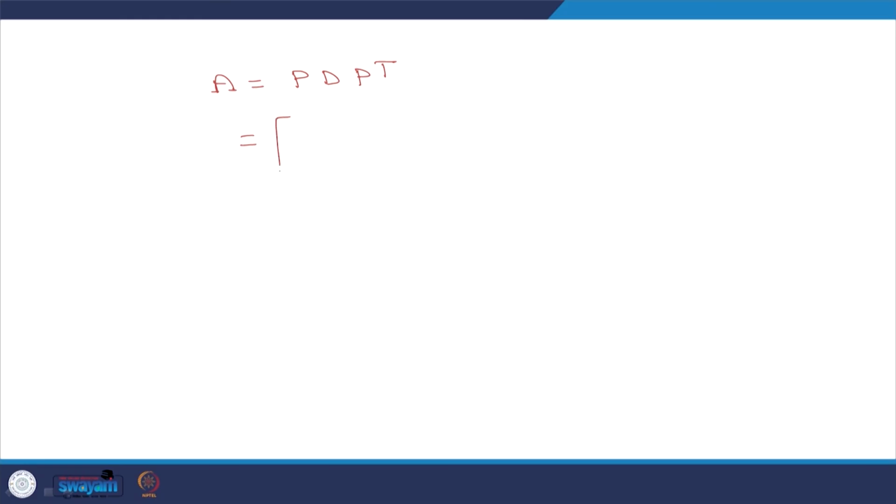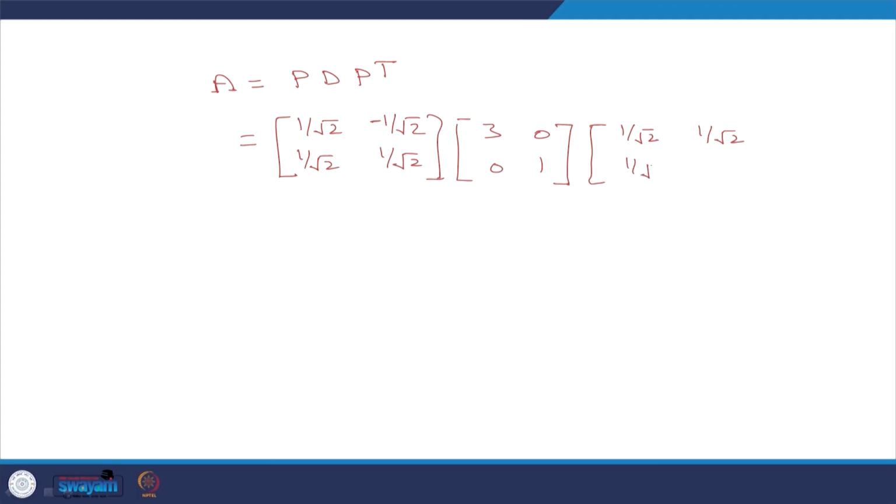It means it is the matrix P, times [3 0; 0 1], times the transpose of P. Okay.